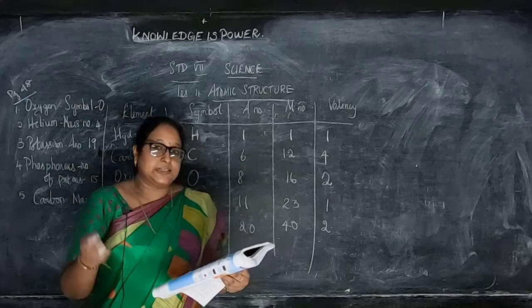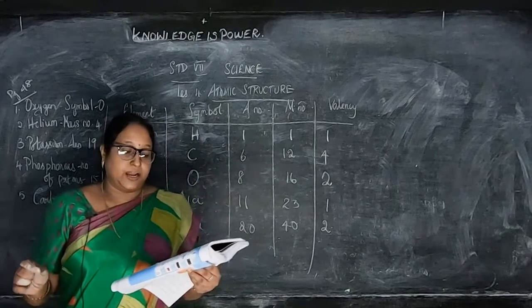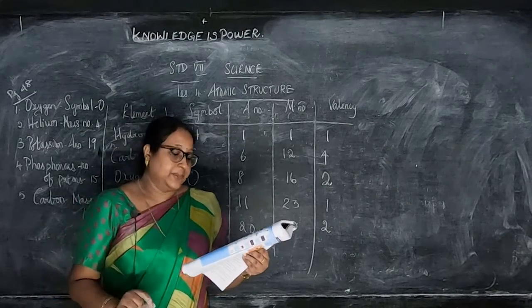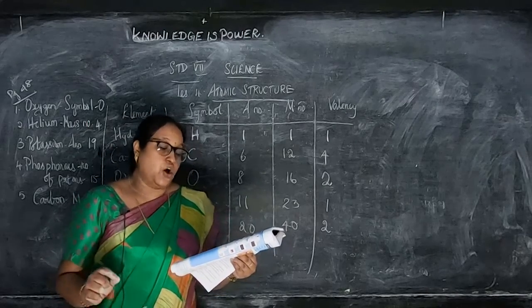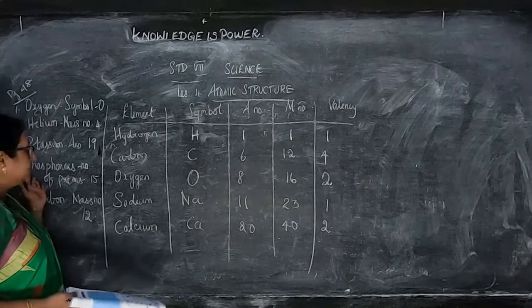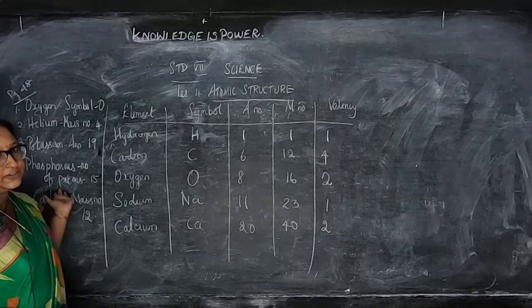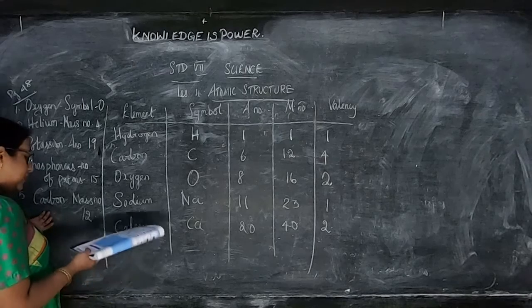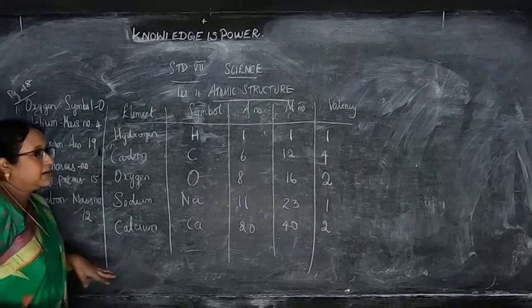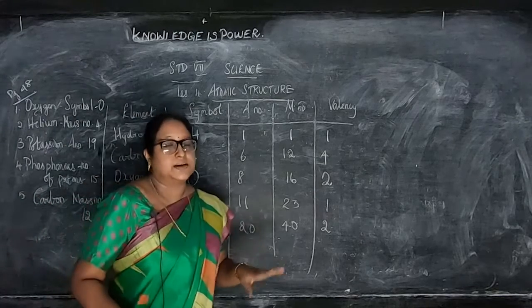The element present in banana is potassium, and the atomic number is 19. In crackers we find phosphorus, and the number of protons is 15. The most valuable element is carbon, and the mass number is 12.